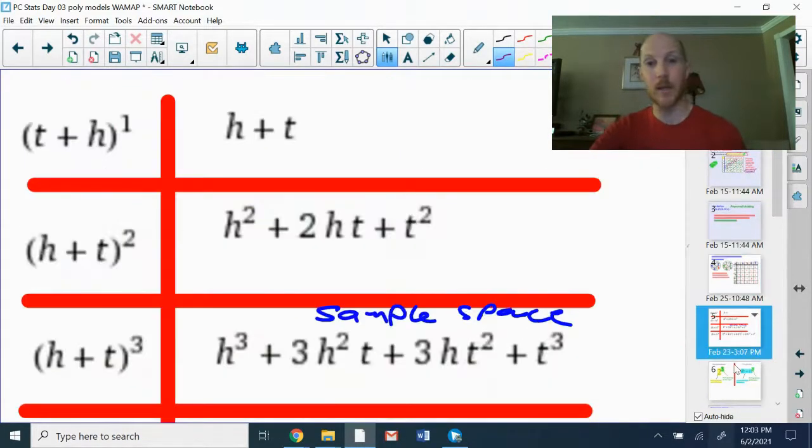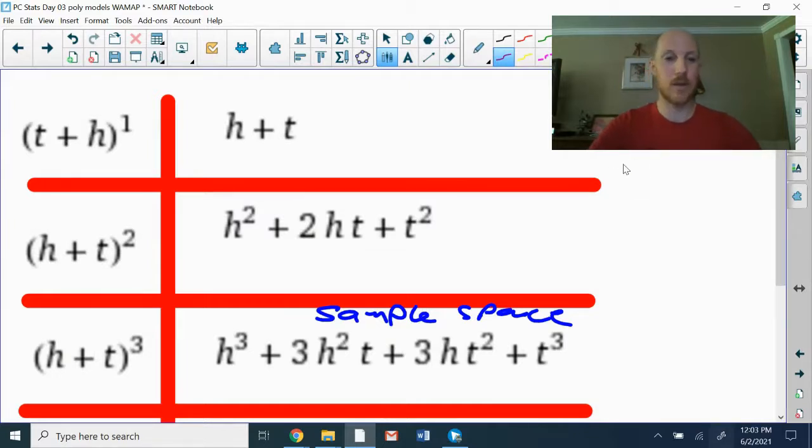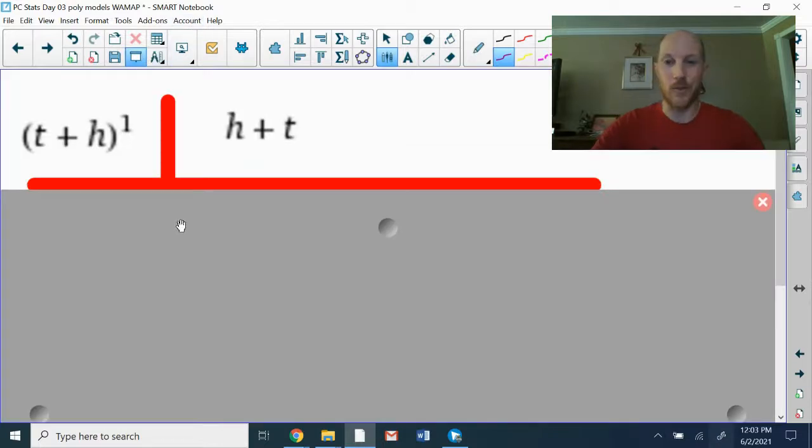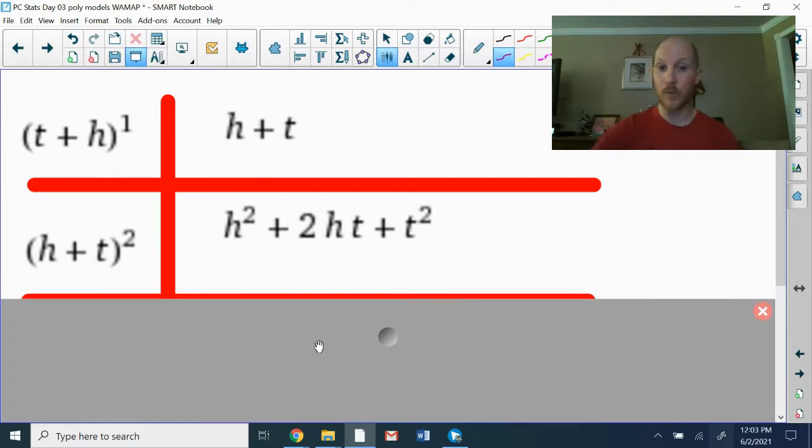Another way we've been leading up to polynomial modeling is we modeled coin flips by using an algebra expression, a polynomial. So tails and heads both represented the 2 outcomes on a coin. If we did 1 coin flip, there's not actually any multiplication to get our expansion. When we did 2 coin flips, we had to use a multiplication box, which is not shown here.